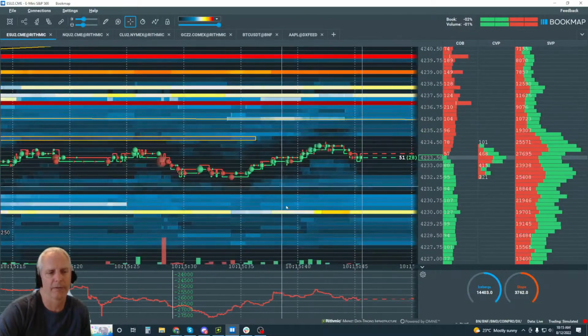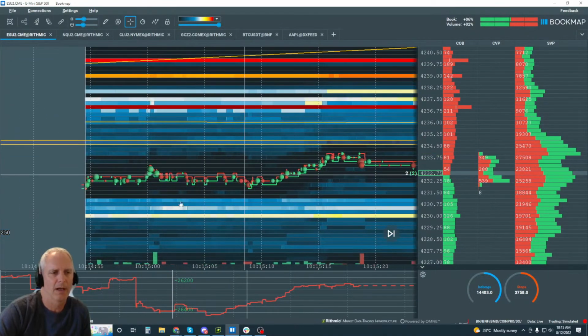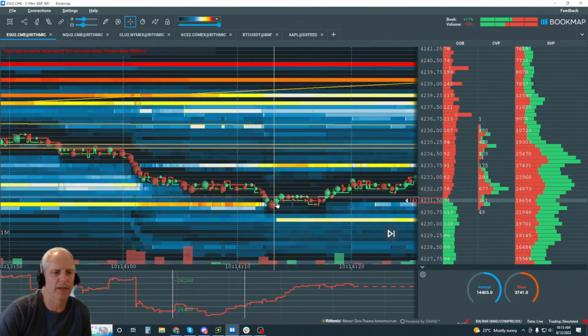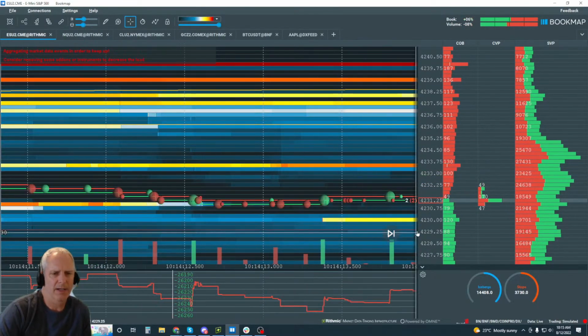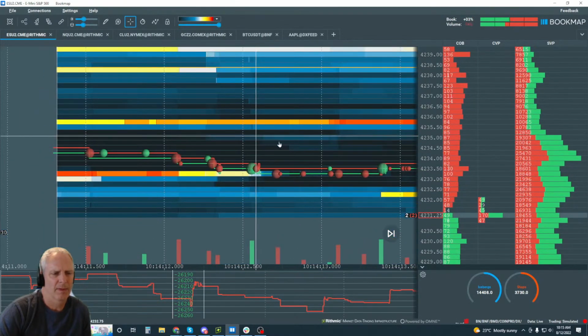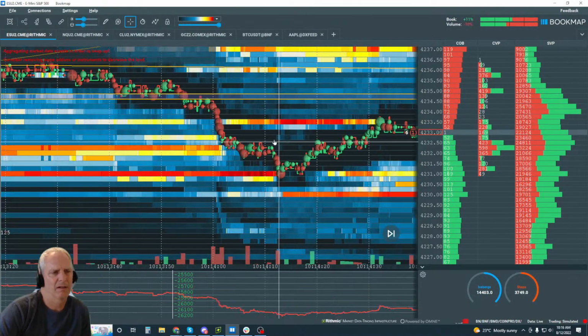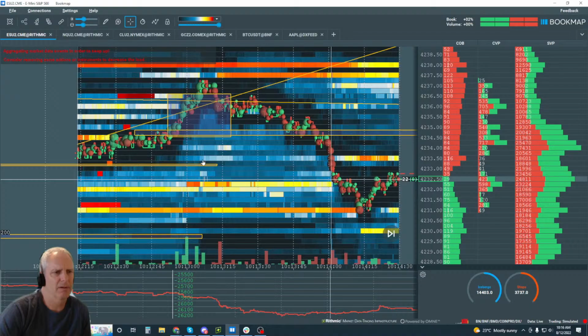And in fact, if we want to make an example of it, we can zoom into an area like this, and let's find a better example.